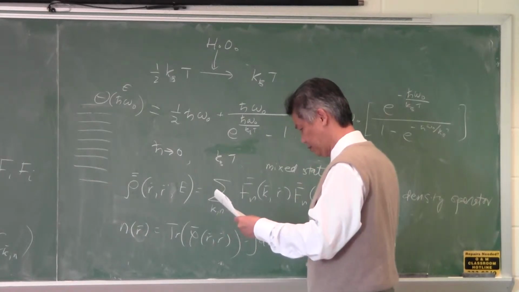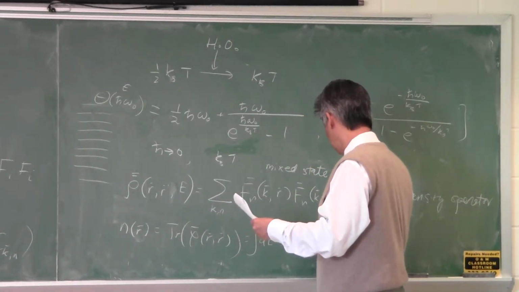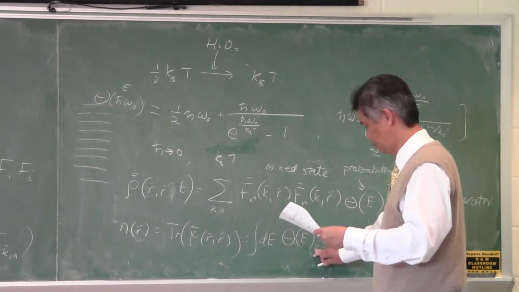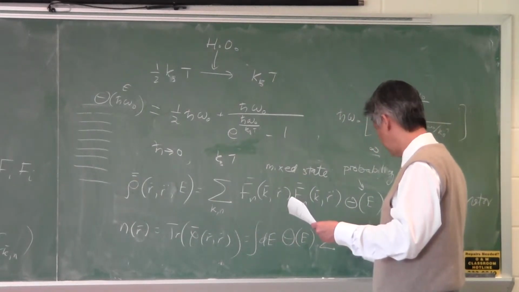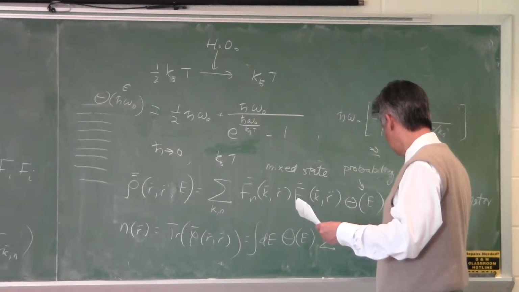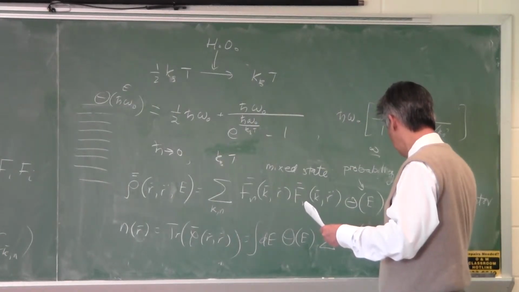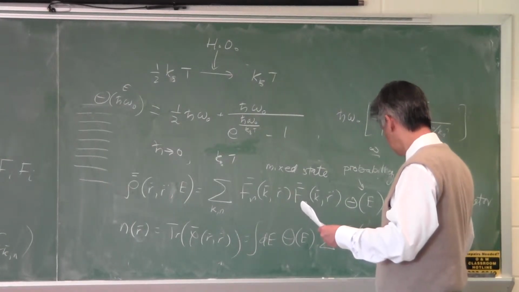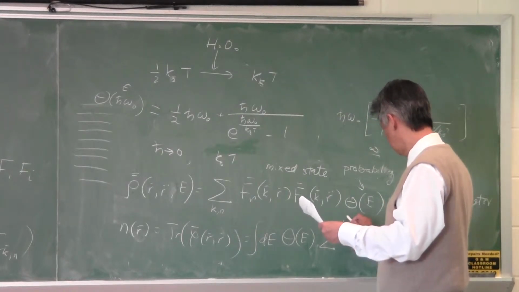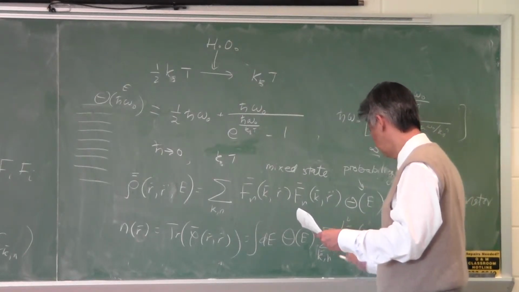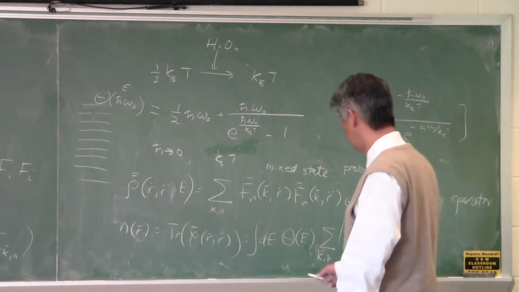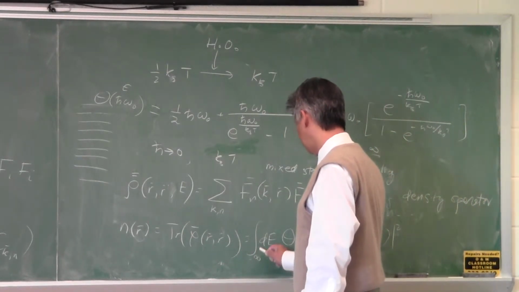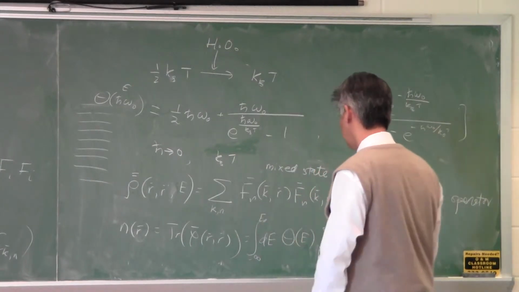energy integral, multiplying by this Planck distribution, multiplying by this, and this might be something like going from all the energy levels that you have to E naught.